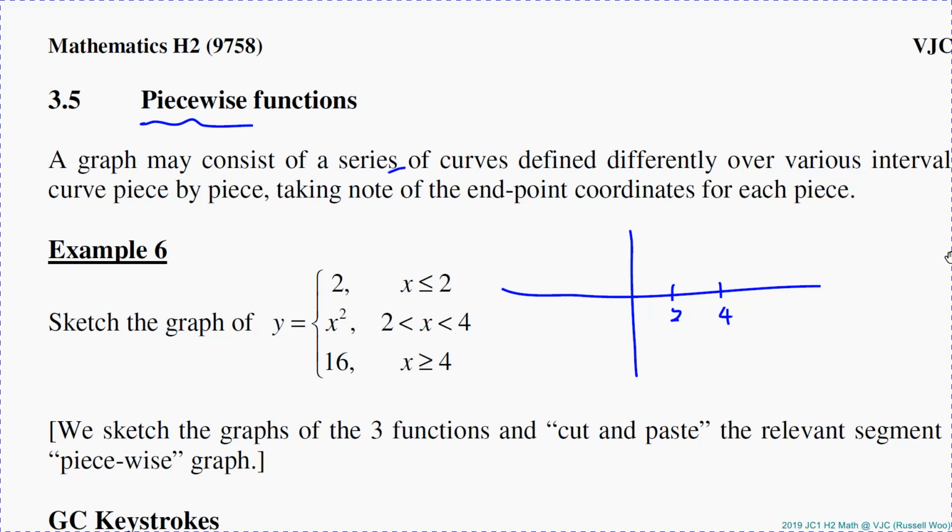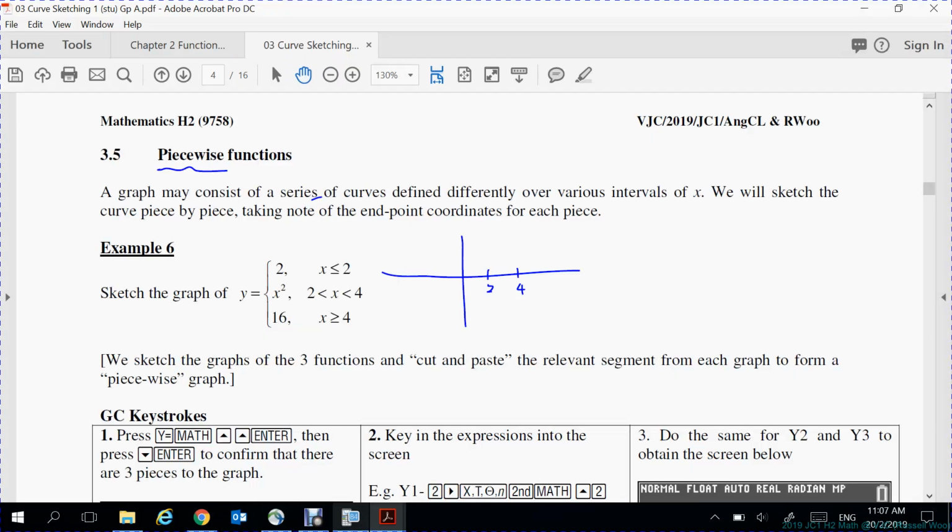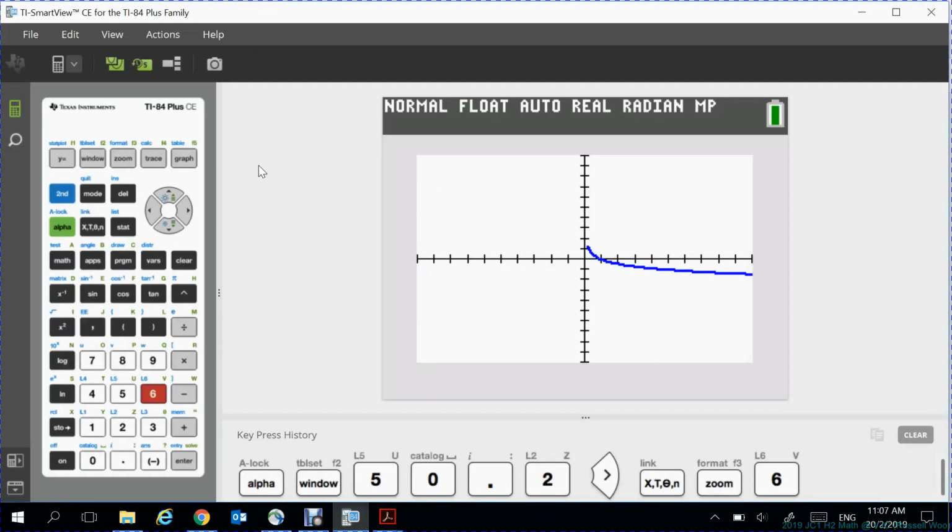The way to test whether your GC is properly upgraded is this function. But even if you don't have it, not the end of the world. I will show you how to do it, but not here, after class.